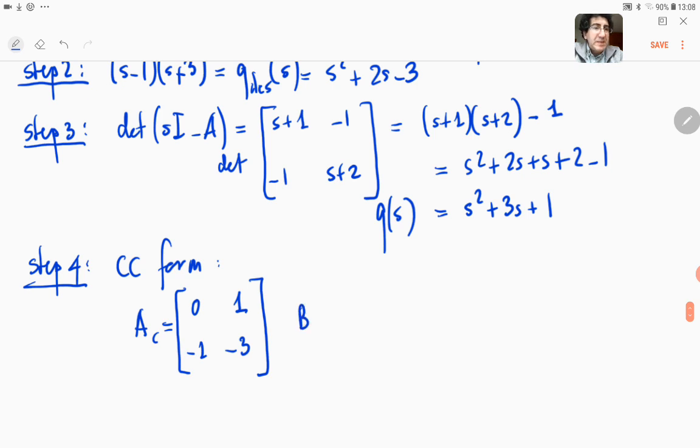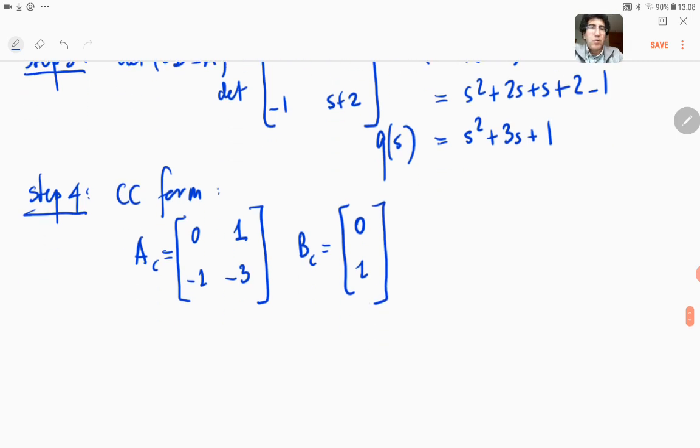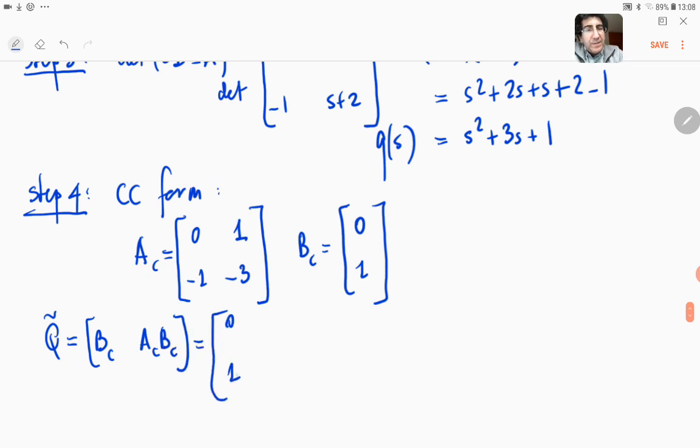Also we have BC equal to 0 and 1 as per the definition of controllable canonical form. Now let's take a look at the controllability matrix. That's going to be BC, AC BC. So BC is equal to 0 and 1. And AC BC will give us 1 and minus 3.